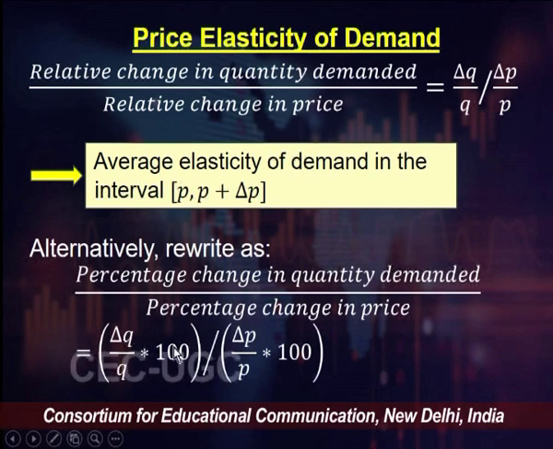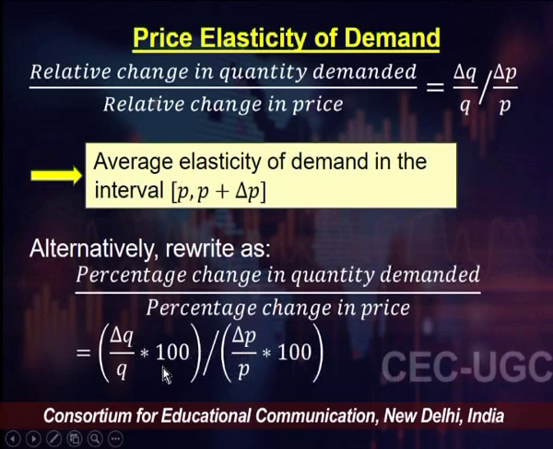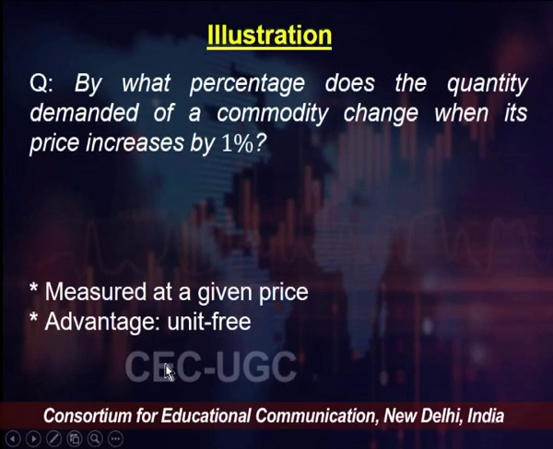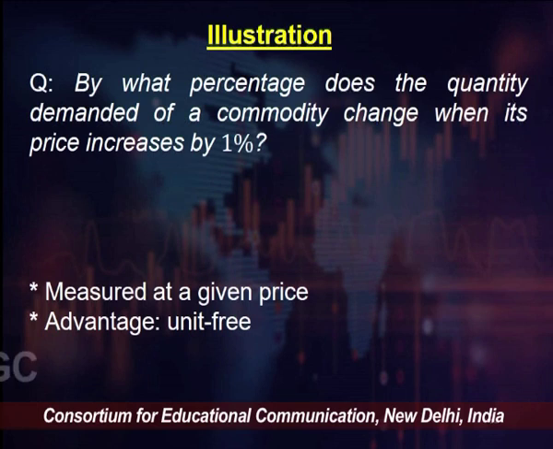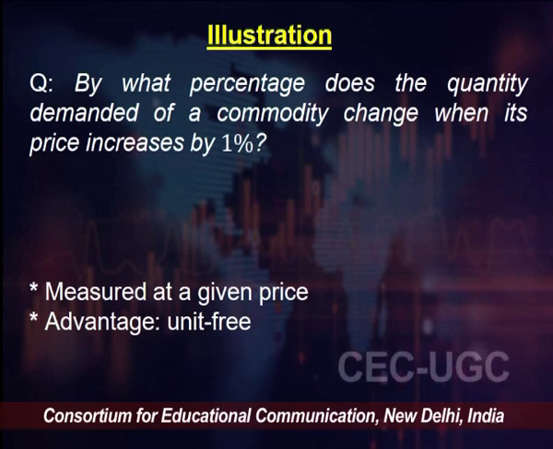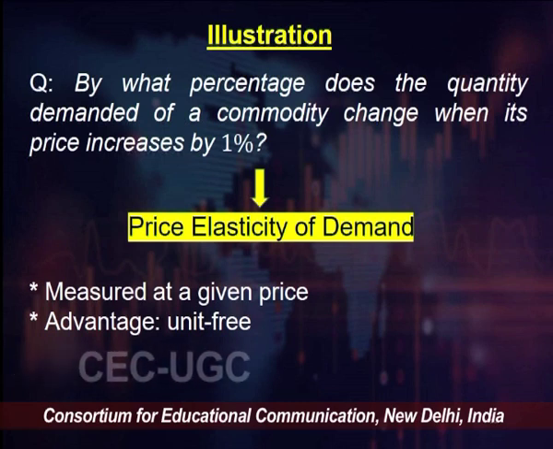So, the question we are now posing to examine the degree of responsiveness is: by what percentage does the quantity demanded of a commodity change when its price changes by 1%? And this we are going to call the price elasticity of demand.